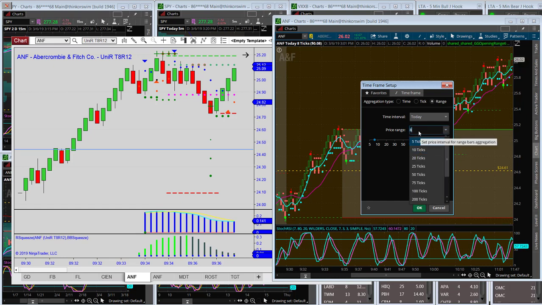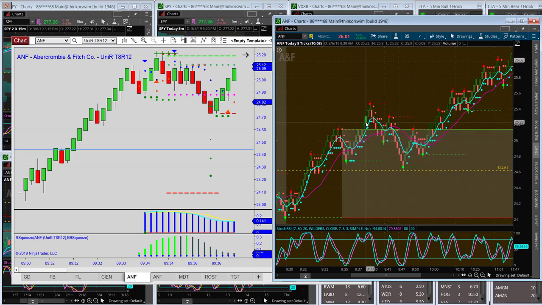If you want to use something that's not 5, 10, or 15, you blank that out and put the number you want in. You hit the tab, so you have the ticks. If I do it before hitting the tab, it shows 8 and it doesn't remember my changes. So I have to make sure it's 8 ticks and hit OK, and it will then change it to 8 ticks. And that's how you get a Renko chart. It's a type of range chart.